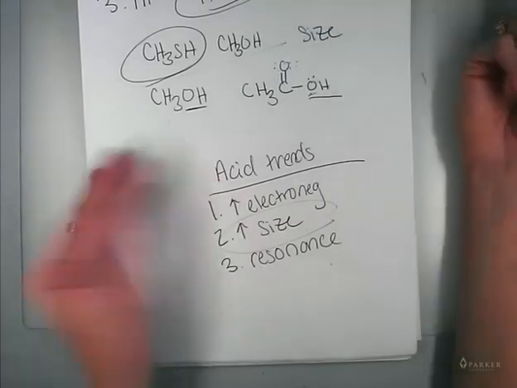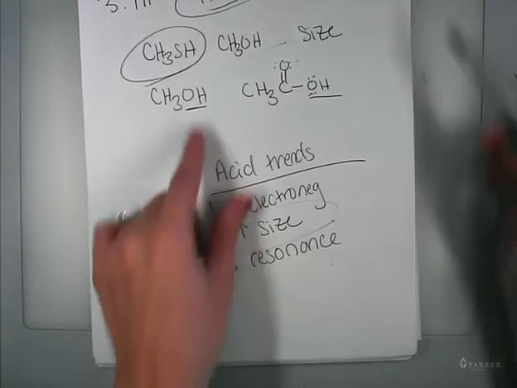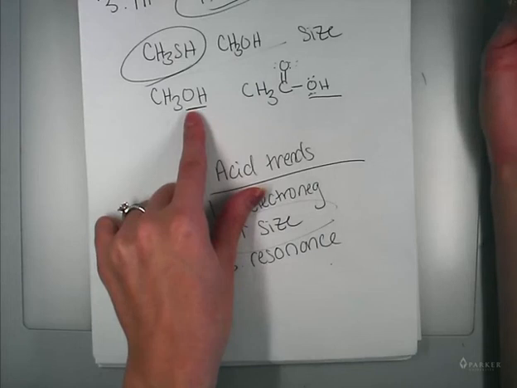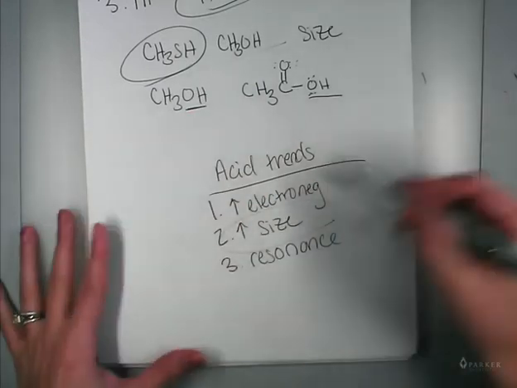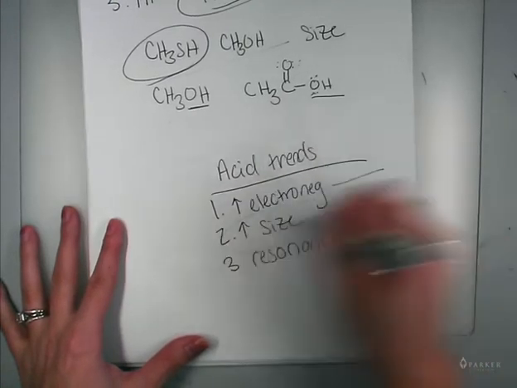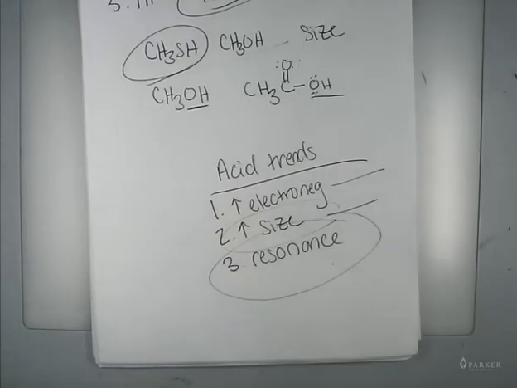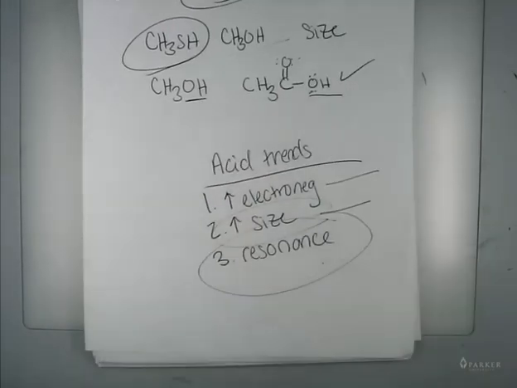OH. So you always find your most electronegative atom with the hydrogen, and that's the hydrogen you're considering. So we're looking at an OH versus an OH. Does that help us? No, because they're both oxygen. Electronegativity doesn't help, size doesn't help, so we're looking at resonance. Which one looks like it would have the ability to resonate, the left or the right? The right. So that's more acidic.